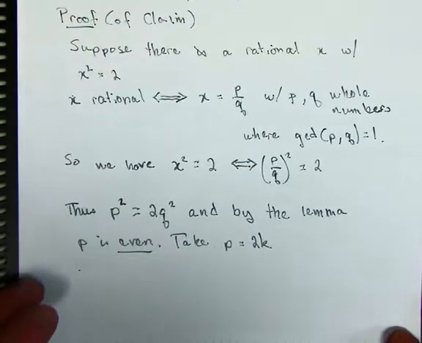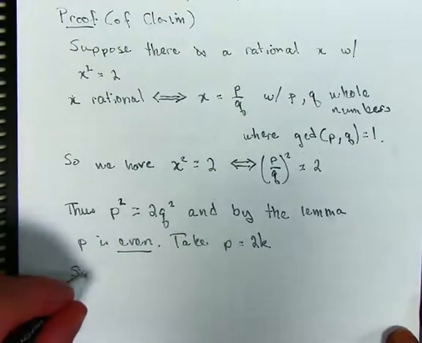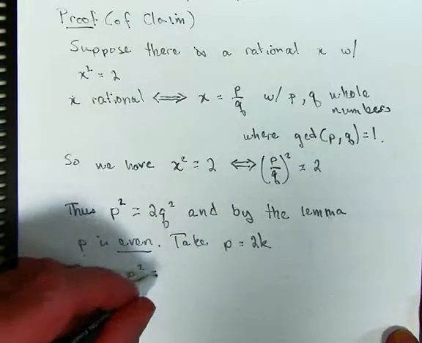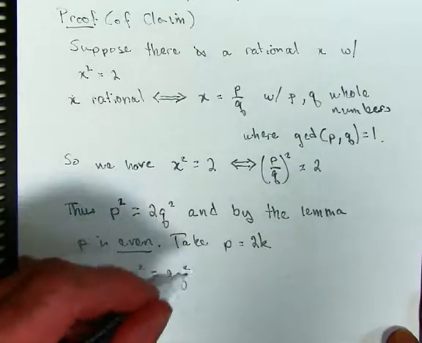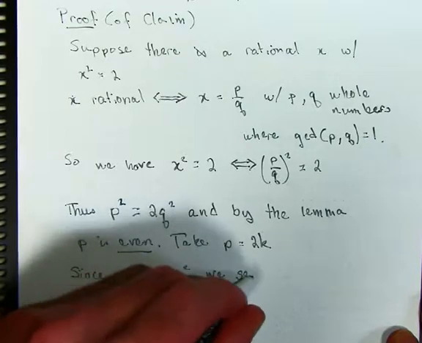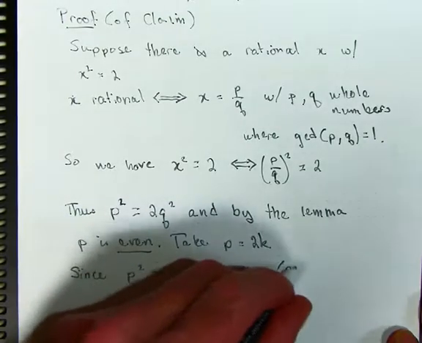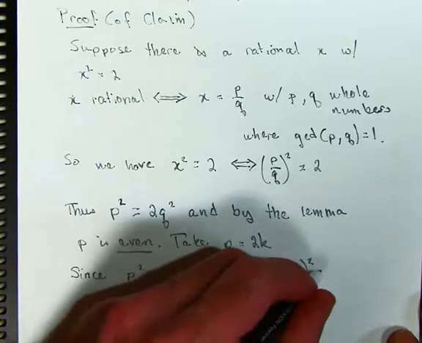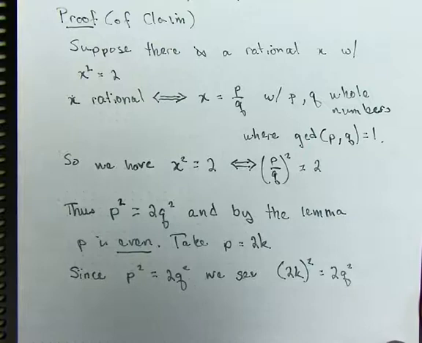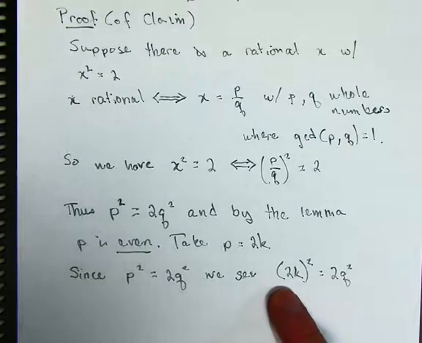Since p squared equals 2q squared, this is saying (2k) squared equals 2q squared. We're squaring a product, which is equivalent to squaring each factor.